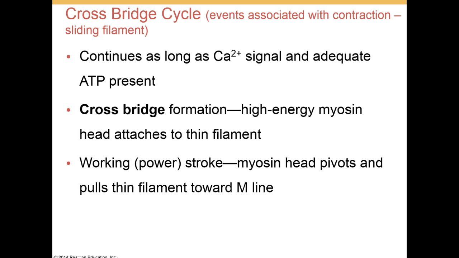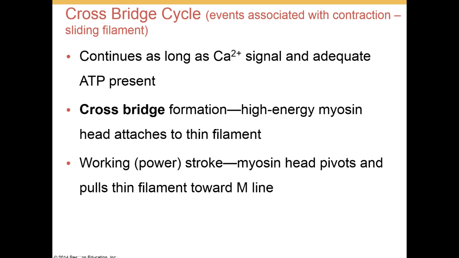So all of these are events that lead up to the actual sliding filament mechanism. And there is a series of events that occur to allow the sliding filament mechanism to occur. So these are events associated with physically getting contraction with that sliding filament mechanism. And it will continue as long as calcium is around and as long as you have enough ATP around.